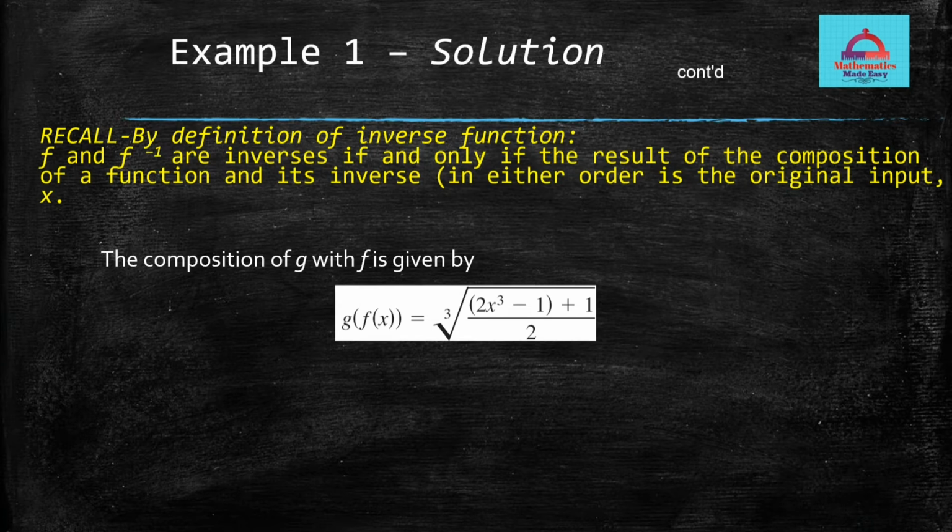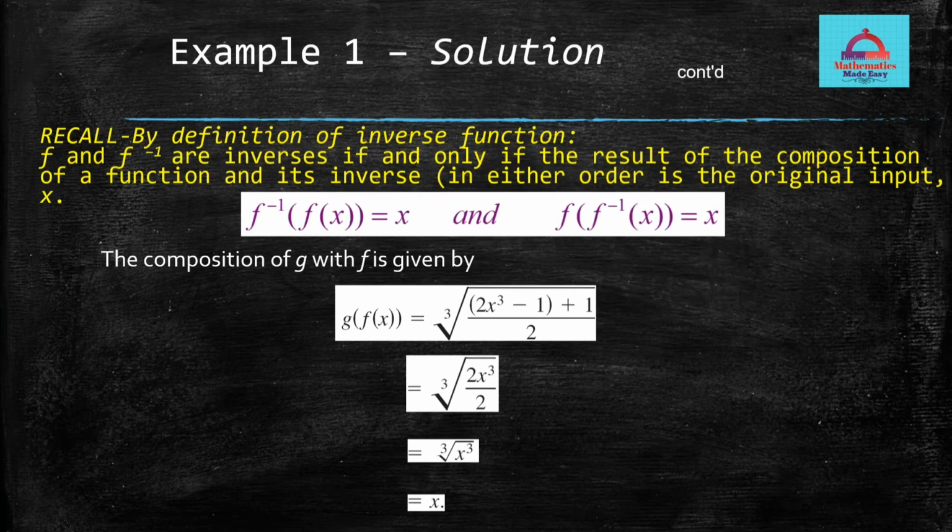The plus and minus 1 are going to cancel. You can simplify and cancel the 2, and that would give you, after cancellation, the cube root of x cubed, and further simplifying would give you x again. So what we have seen here is that this condition has been true for us: both f of g(x) and g of f(x) have come out equal to the original input x.